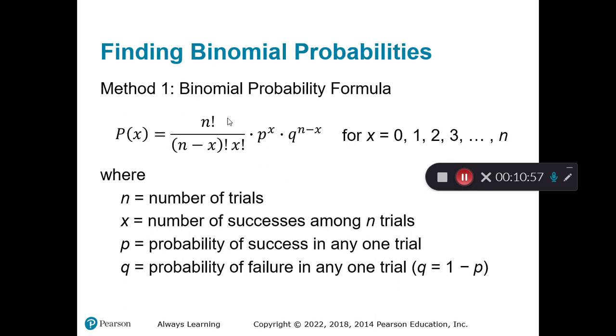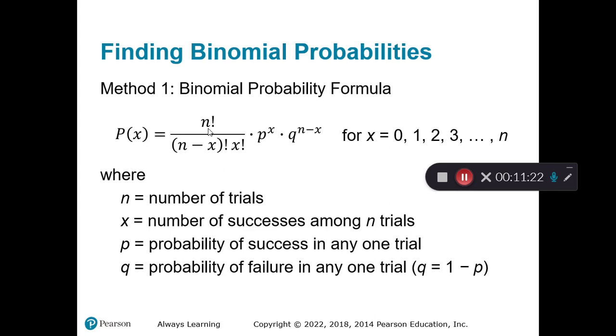Some of you may have never seen the factorial notation before, and I want to explain what that is. N factorial indicates repeated multiplication by factors that are decreasing by 1 all the way down to a factor of 1. So for example, let's take 3 factorial. 3 factorial would be equal to 3 times 2, then times 1.